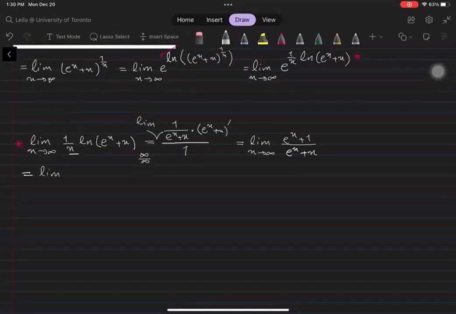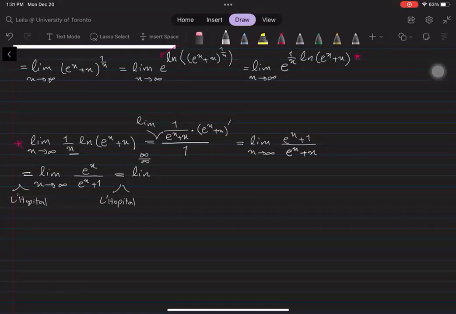So limit as x goes to infinity, and then the derivative of e to the power of x is just e to the power of x, so e to the power of x plus 1. And then again, you have... equals 1.